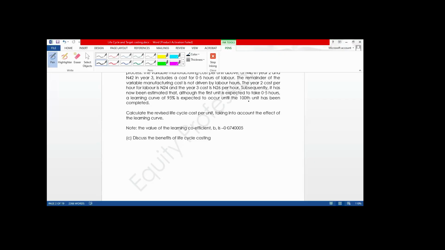We have only introduced 99 because for me to get that last unit, I'm going to do like this: hour for first 100 units minus hour for first 99 units. 100 minus 99 will give me 1 unit.